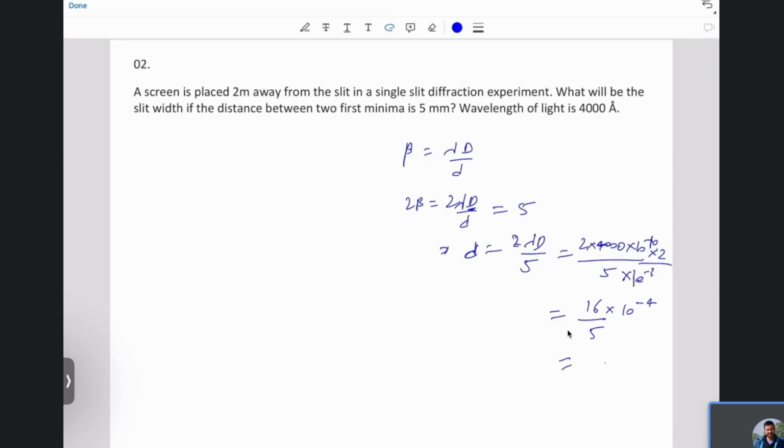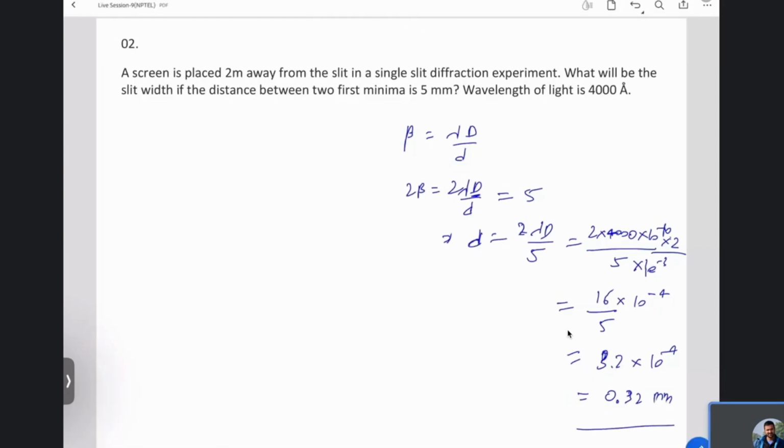So we have 3.2 into 10 to the power minus 4, so 0.32 mm. Yes, correct. Okay. So this was also a simple problem.